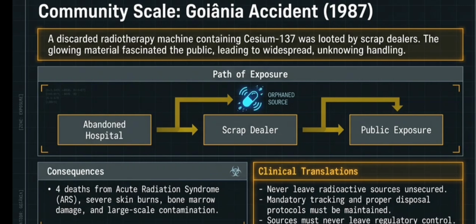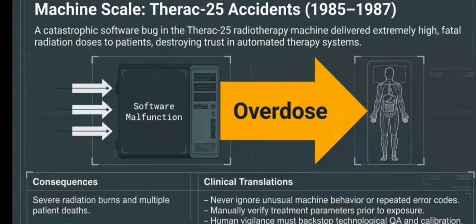Then, moving to the community scale, the 1987 Goiânia accident in Brazil.